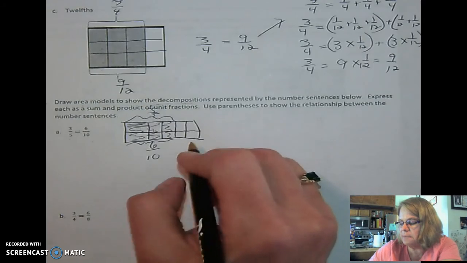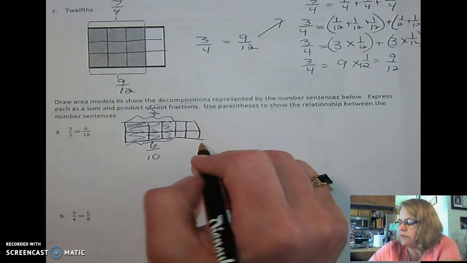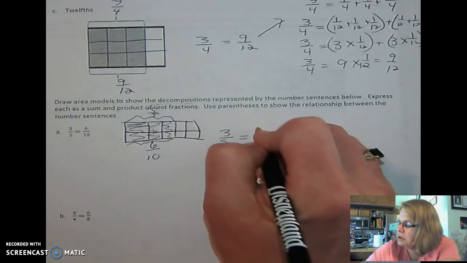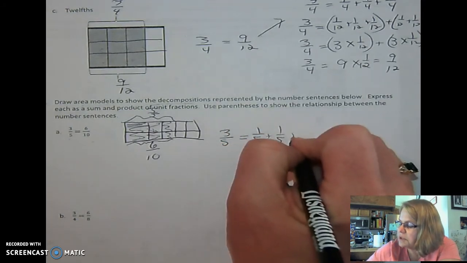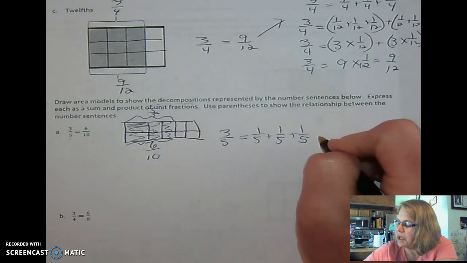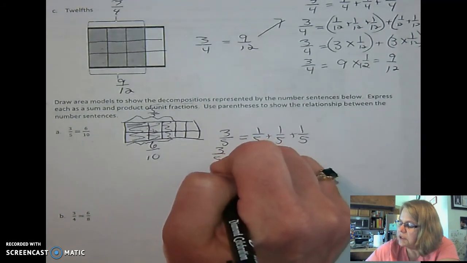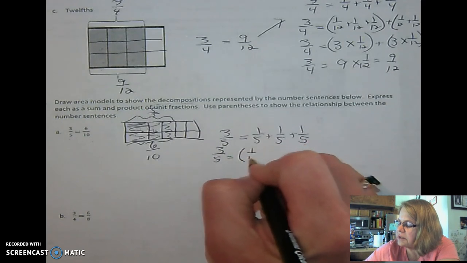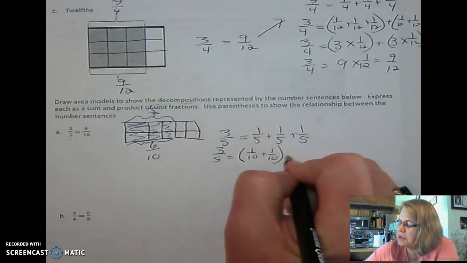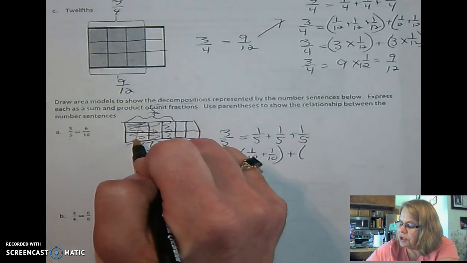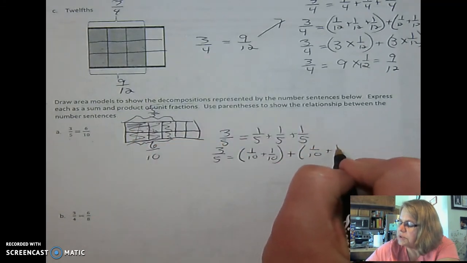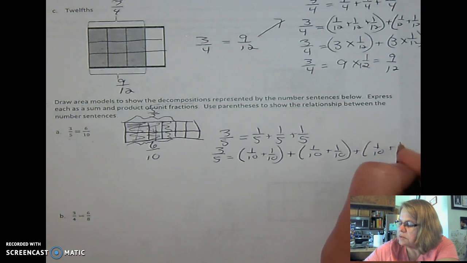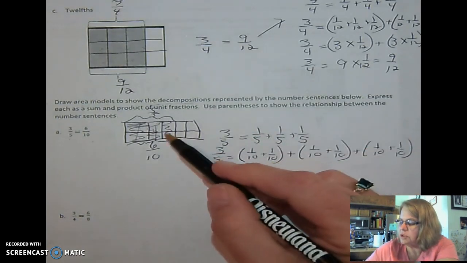Okay. Now we need to express that as a sum and a product. So to express as a sum, we have 3/5 equals 1/5 plus 1/5 plus 1/5. Or we can say 3/5 equals, in parentheses, we have 1/10 plus 1/10 plus, which is right here, 1/10 plus 1/10, which is here, plus 1/10 plus 1/10, which is here.